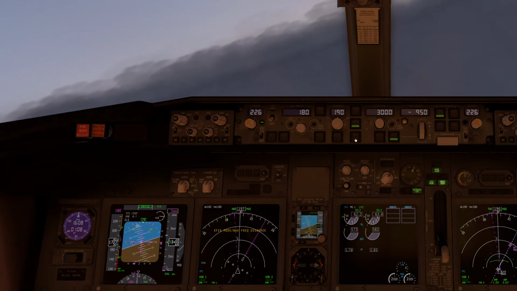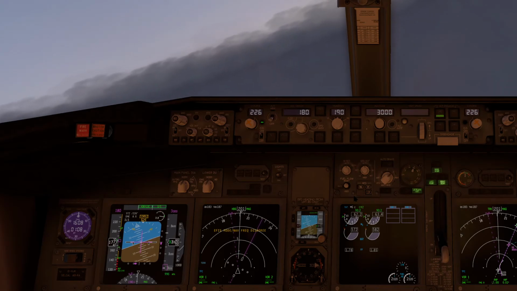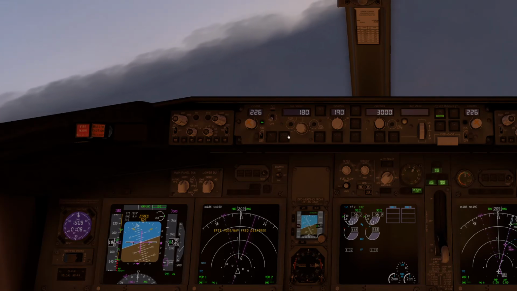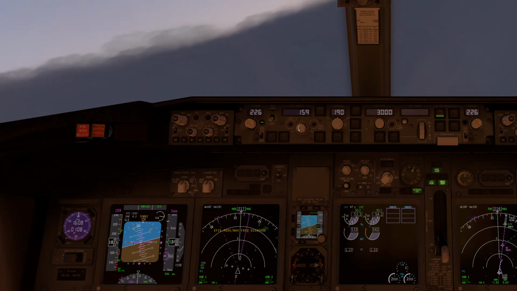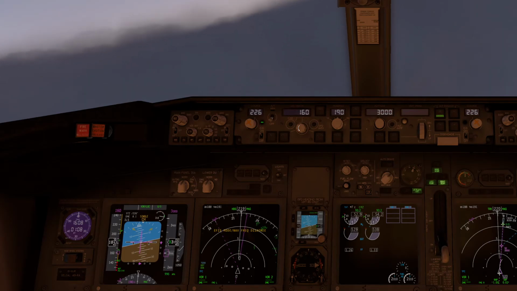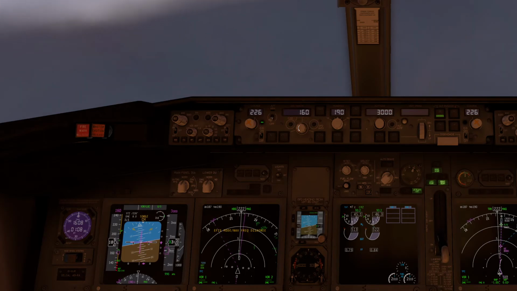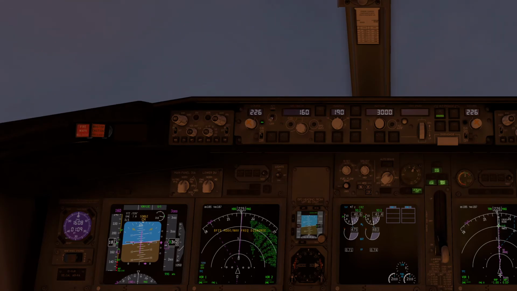Approach, localizer capture, and reducing the speed to 160. 2,500. 177, flaps 10.